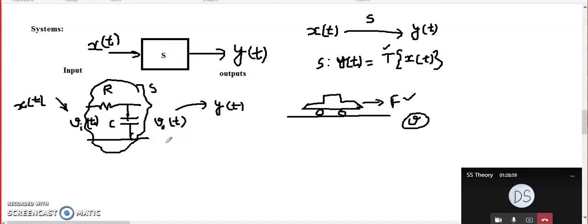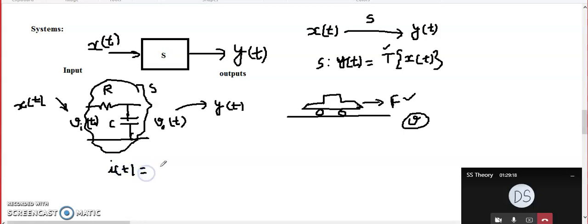Now there could be a way in which outputs can be expressed in terms of inputs. For example, in this system, what will be the current in the circuit?